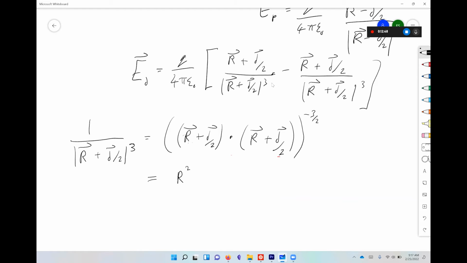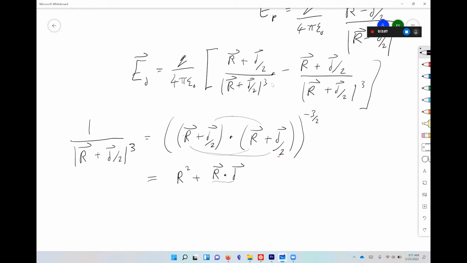So it's going to be R squared, and then plus R dot d over 2, and then another R dot d over 2. So I'm going to have half R dot d plus half R dot d, so I'm going to end up with R dot d.